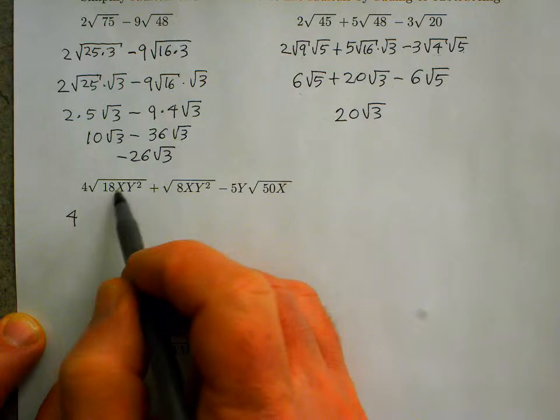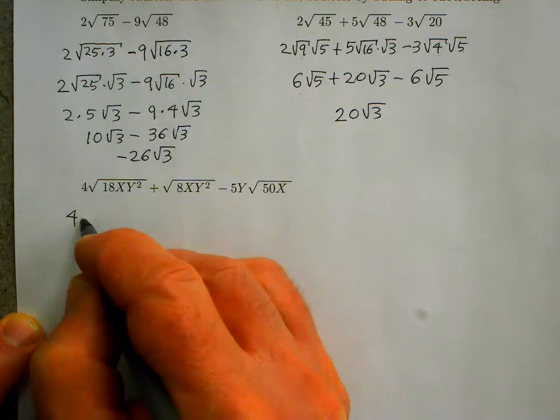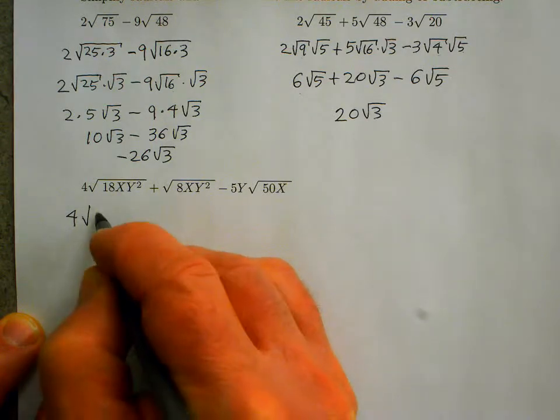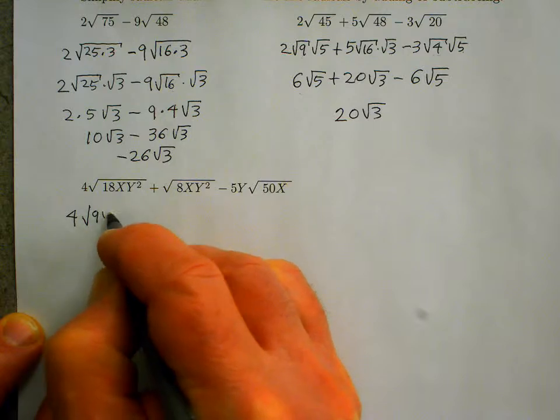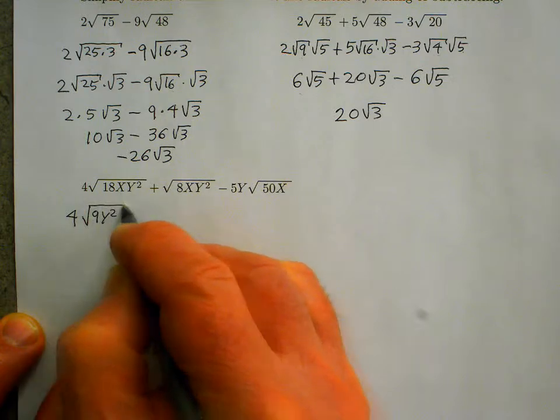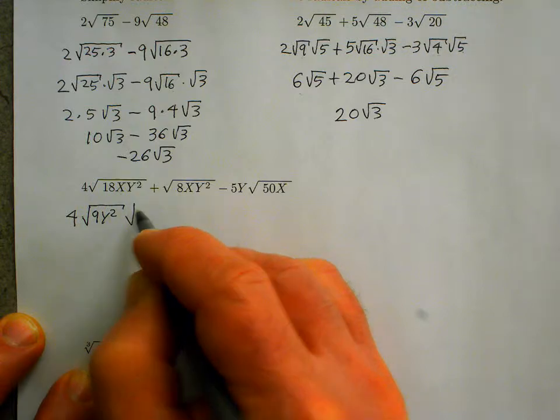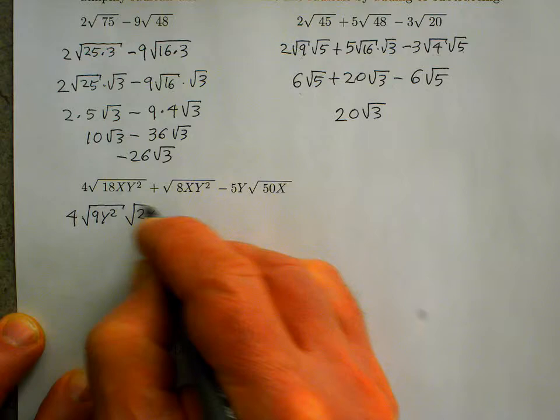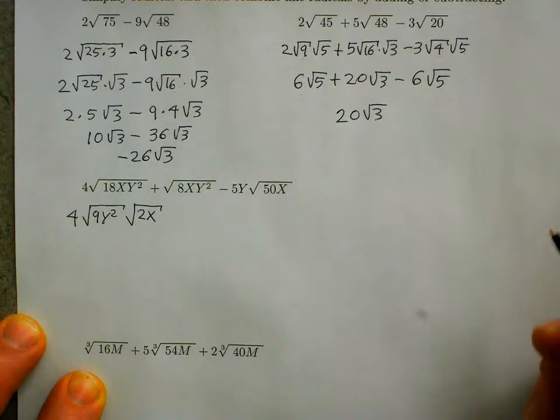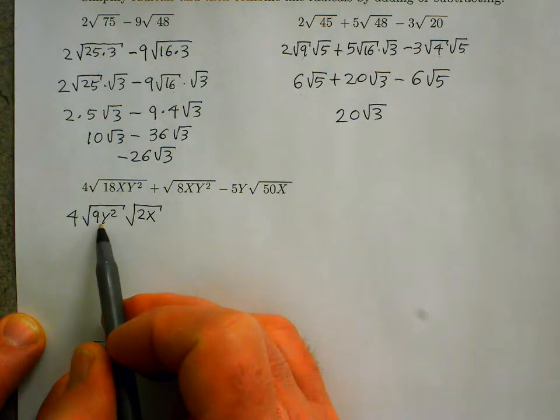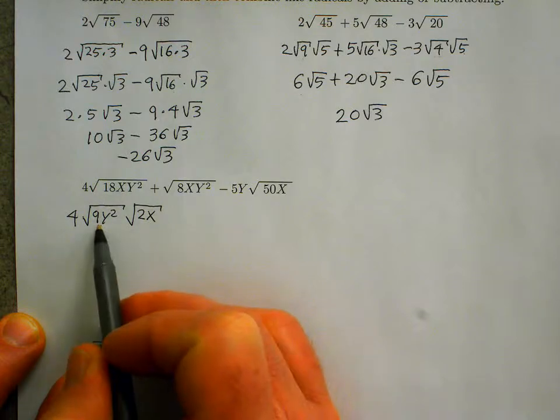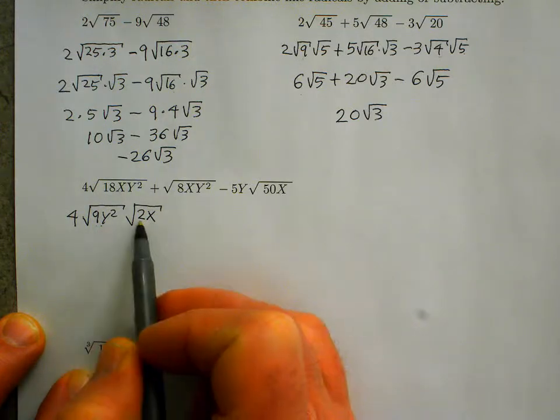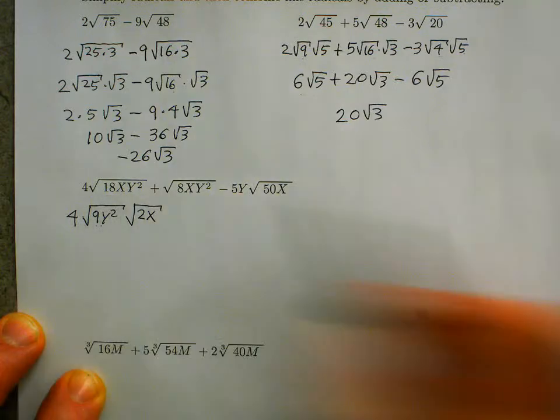So we can rewrite this as 4 times the square root of 9y to the second multiplied by the square root of the remaining factors, which are 2x. You can verify by multiplying that you're doing it correctly. 9y to the second times 2x is 18xy to the second.